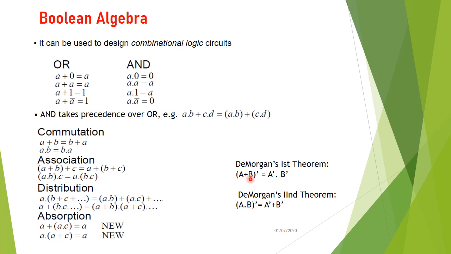So let's check the law: when A is ORed with B and its complement is taken, its value is similar to the ANDing of the complements of the two original variables. In the same way, if we apply ANDing and then complement it, the result will be similar to ORing of the complements of the two variables.